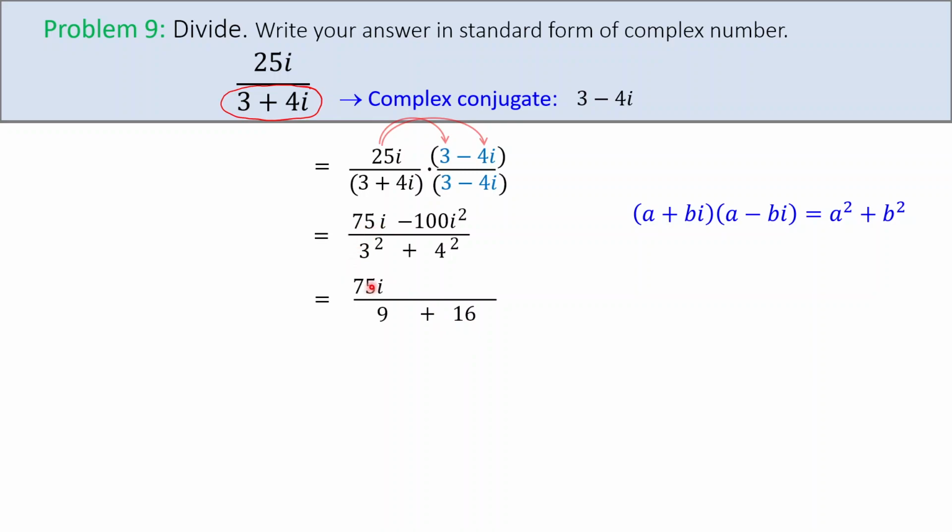Here you have 75i minus 100 i squared. This i squared is -1. So you need to substitute -1 for i squared.